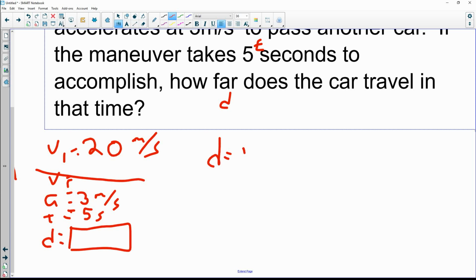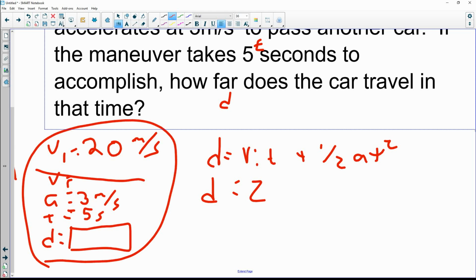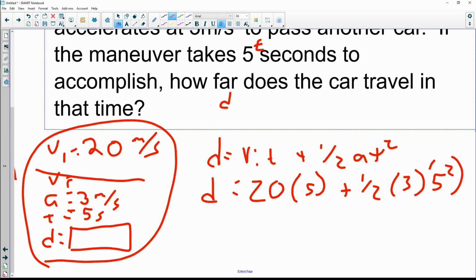So D equals VIT plus 1/2 AT squared. D equals 20. All I'm doing is plugging in from this stuff into the equation. 20 is VI, T is 5, plus 1/2 A, which is 3, times 5 squared.